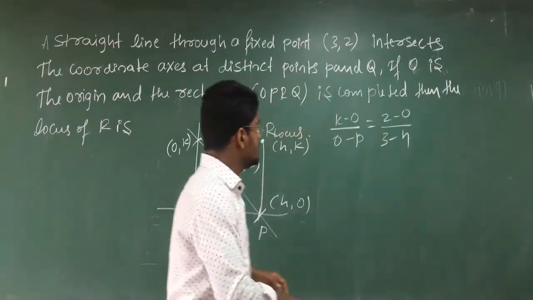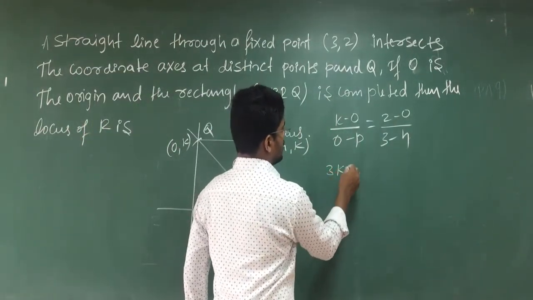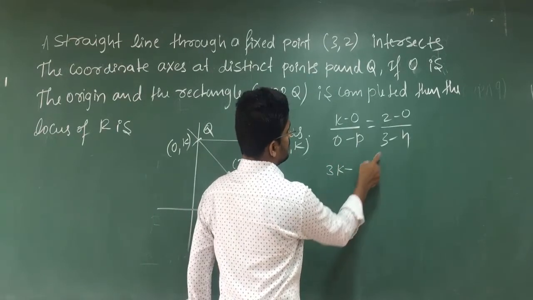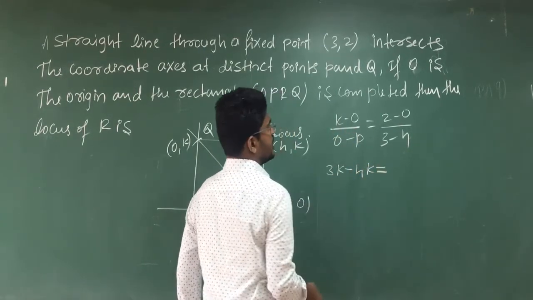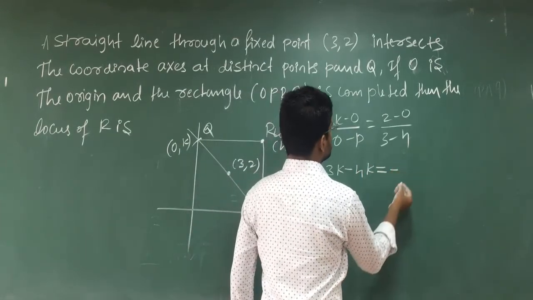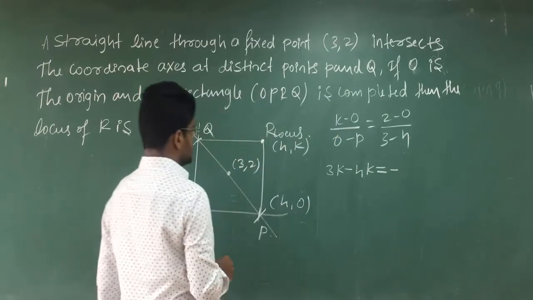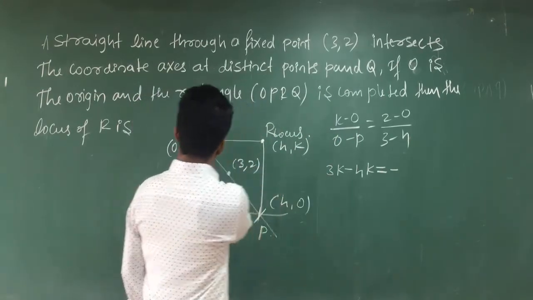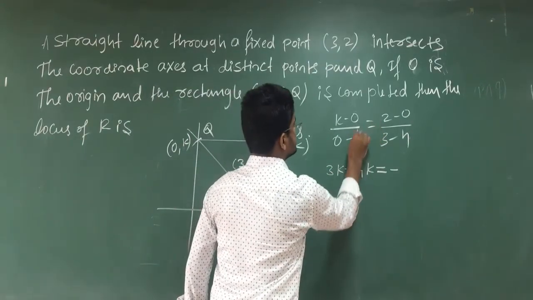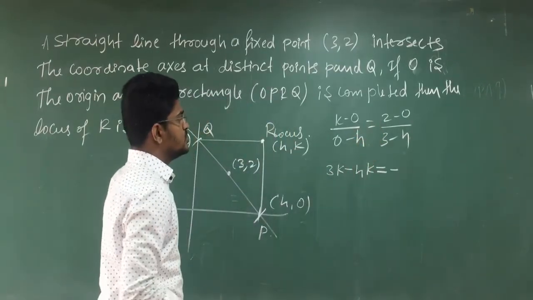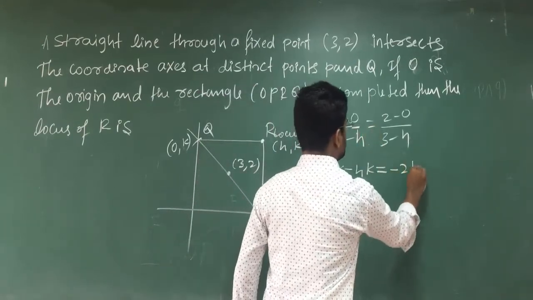Now I cross multiply and simplify. That is 3k minus hk, and this will be equal to minus 2h.